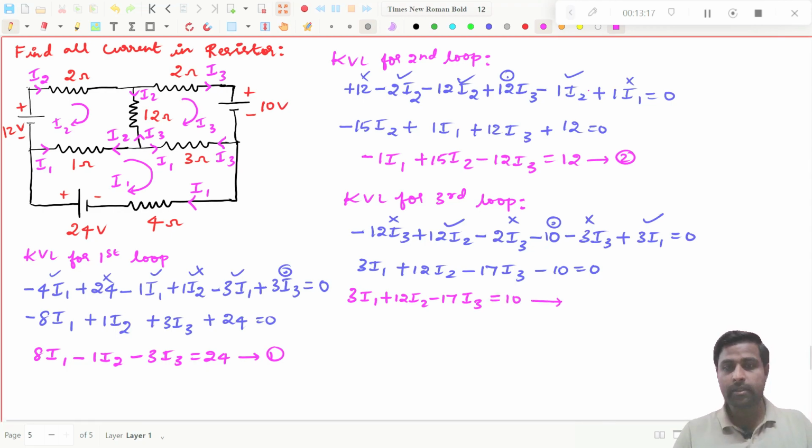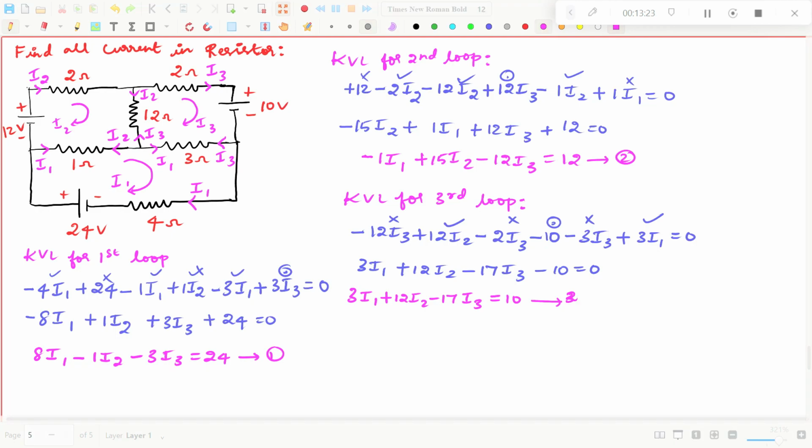Right? This is expression number 3. Fine. We have found 3 expressions, right? This is the first expression, this is the second expression, and this is the third expression.